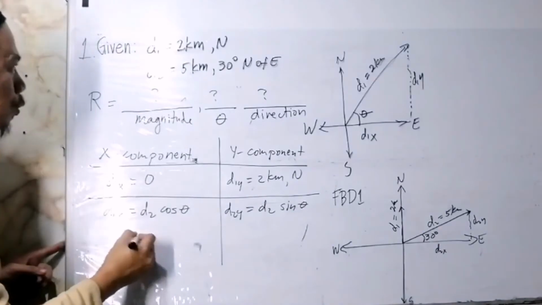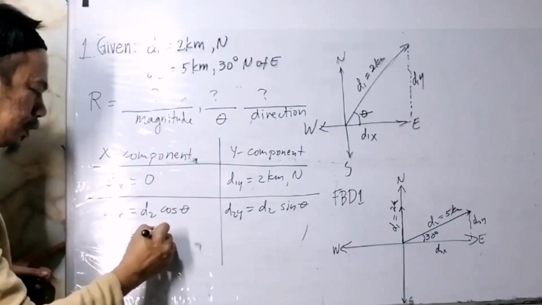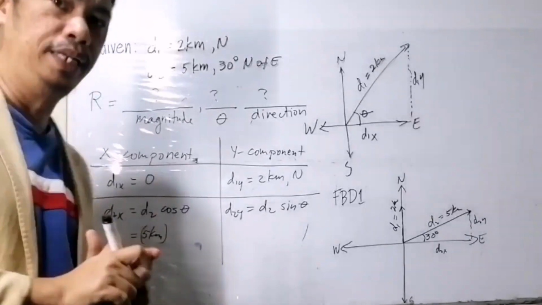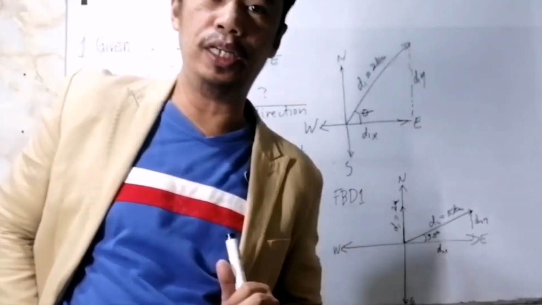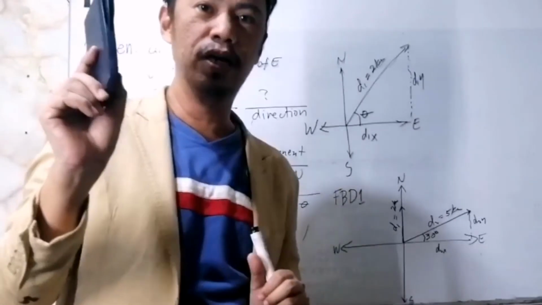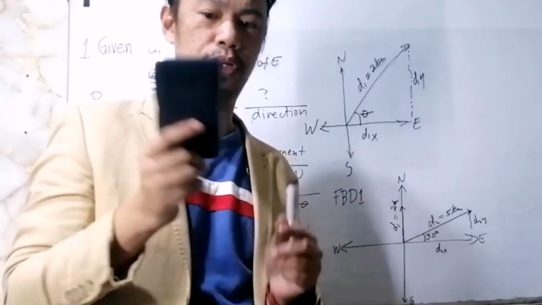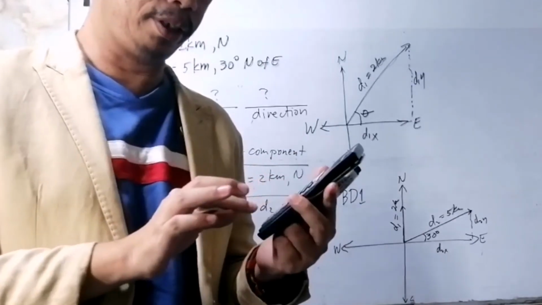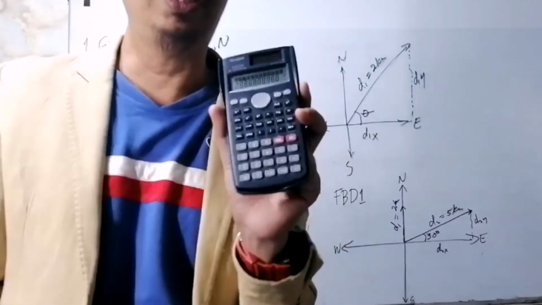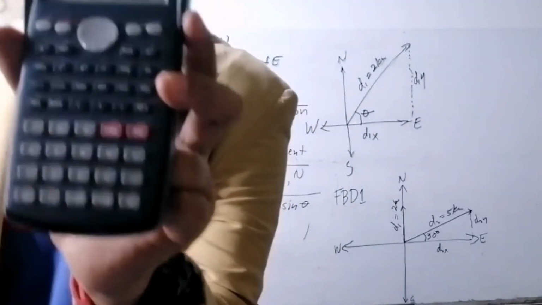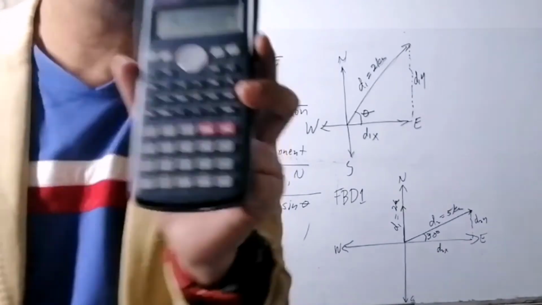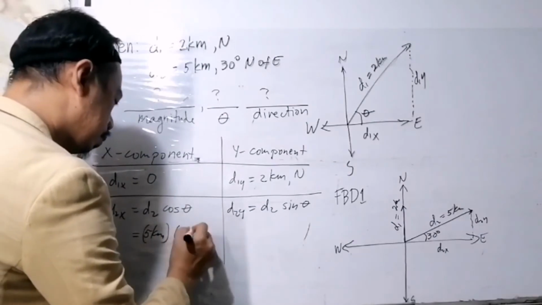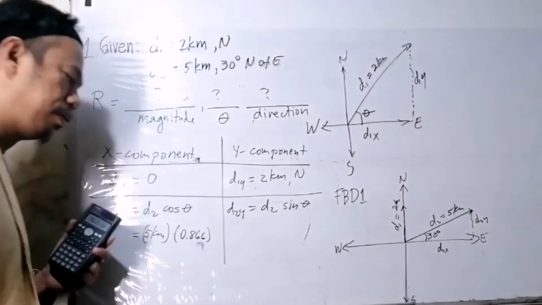So, let's substitute. This is 5 kilometers, and then cosine 30. By the way, guys, to calculate it, be sure that you have your scientific calculator. You press cosine 30 first. Okay? So, the value is 0.866. Okay?